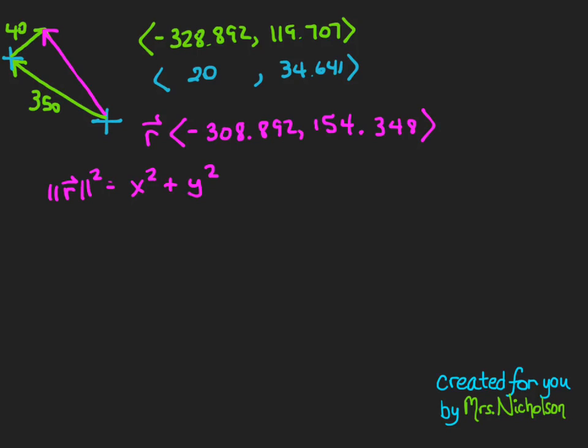So the magnitude of my resultant vector squared is negative 308.892 squared plus 154.348 squared.